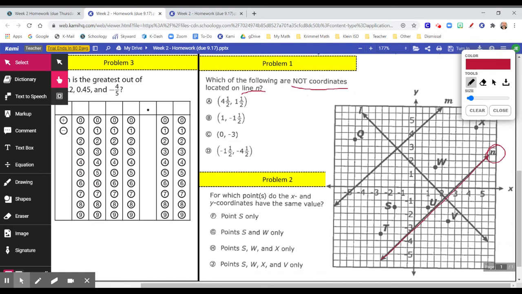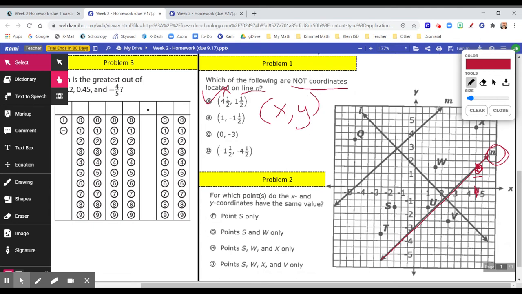You see line n right here, so we're going to have to use our graphing coordinates format, x and y. The first one is x is 4.5. So we go over here to 4.5, right between 4 and 5, and then you go up 1.5, and we put a point right there. Okay, so that is a point on the line.